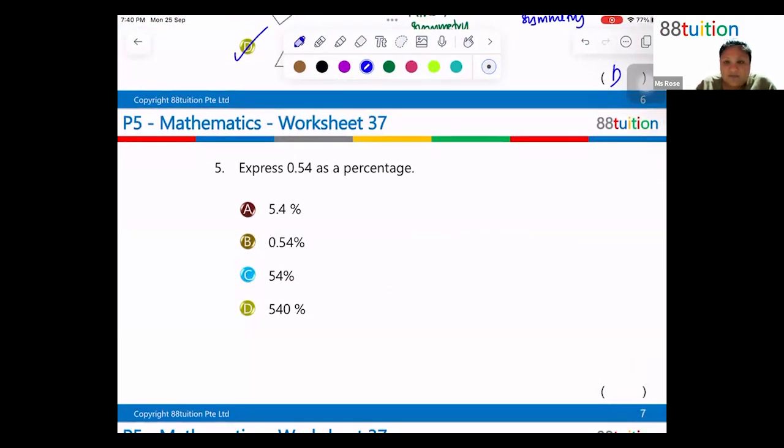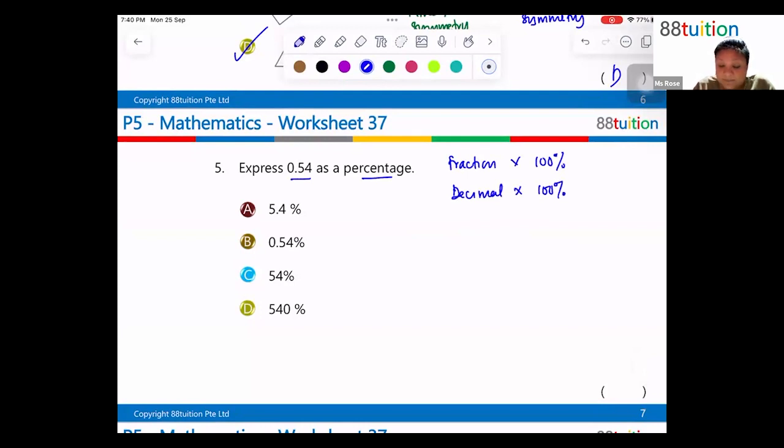So question 5, you're supposed to express this as a percentage. As long as you are giving your answer in a percentage, if it's a fraction, you multiply by 100%. If it's a decimal, you also multiply by 100%.